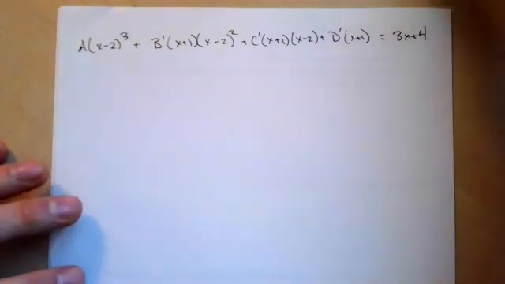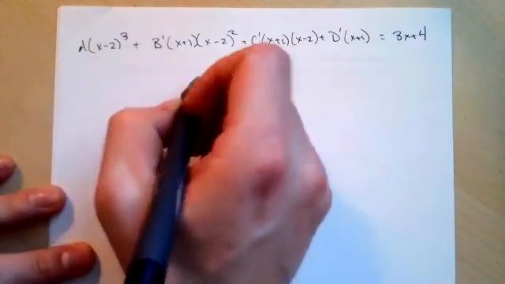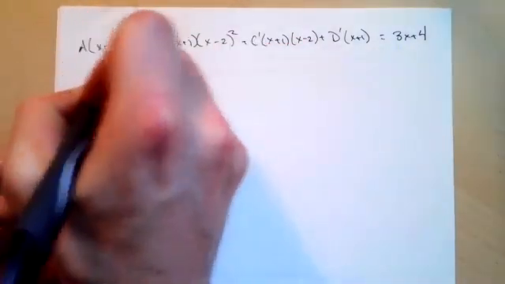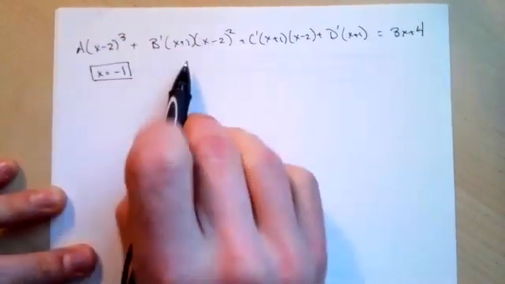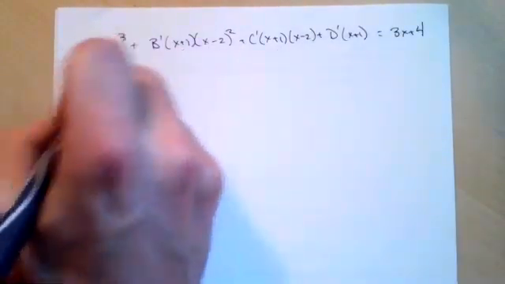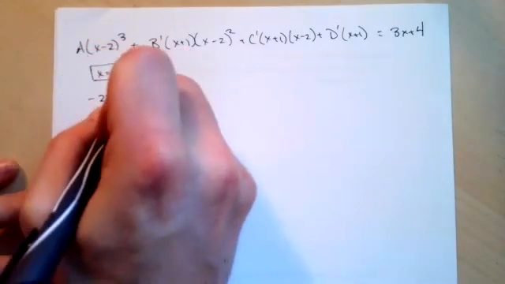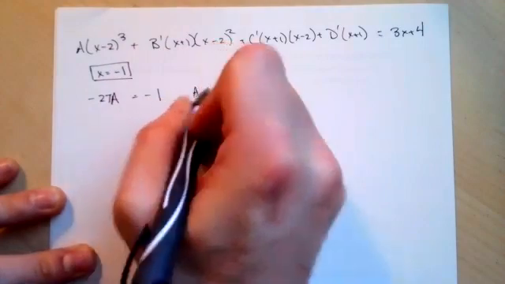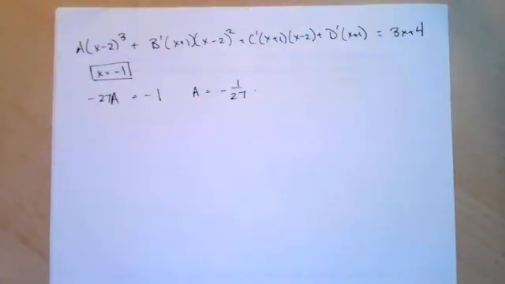And now we can do our same trick. So what's going to happen with x equal to negative 1? It's going to kill that term, and that term, and we should get the same A value, since that A constant was over the same denominator.